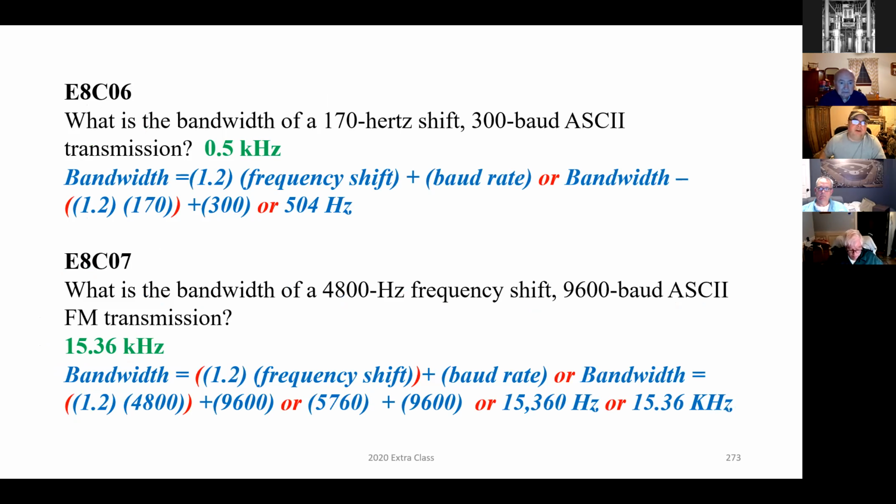It'd be 0.5 kilohertz. What is the bandwidth of a 4800 hertz frequency shift, 9600 baud ASCII FM transmission? It's 15.36 kilohertz.